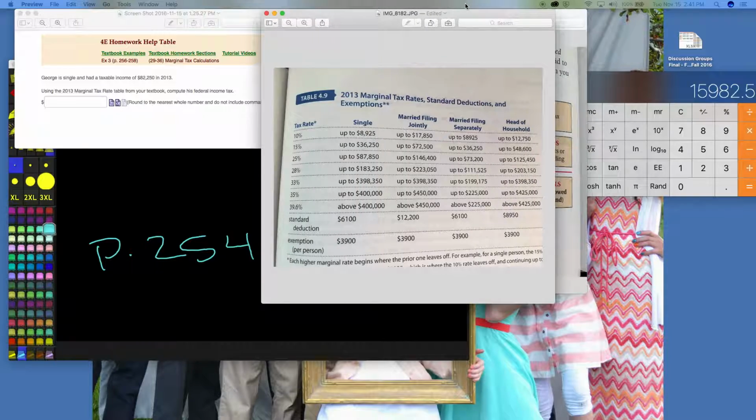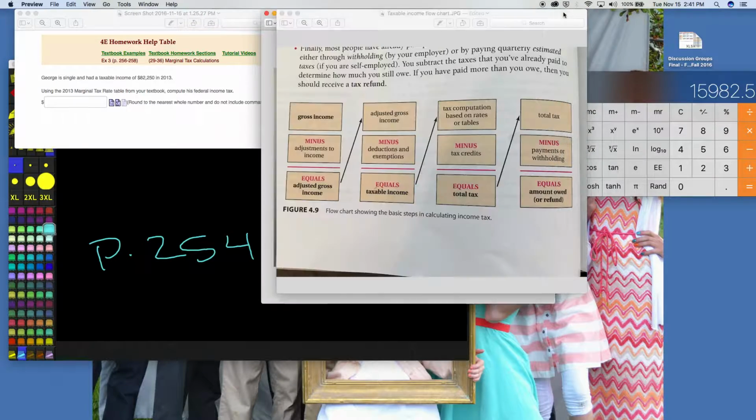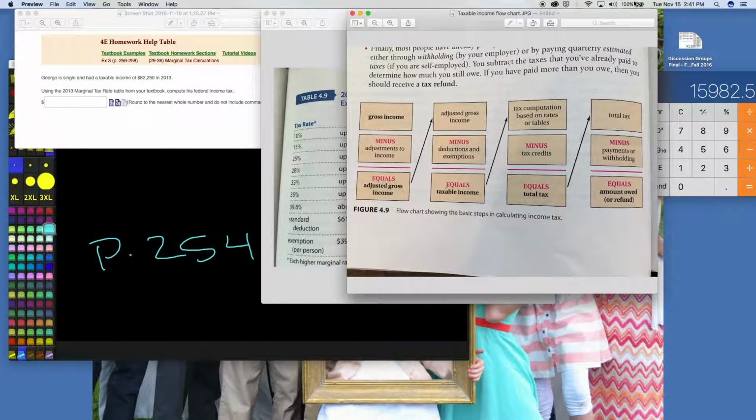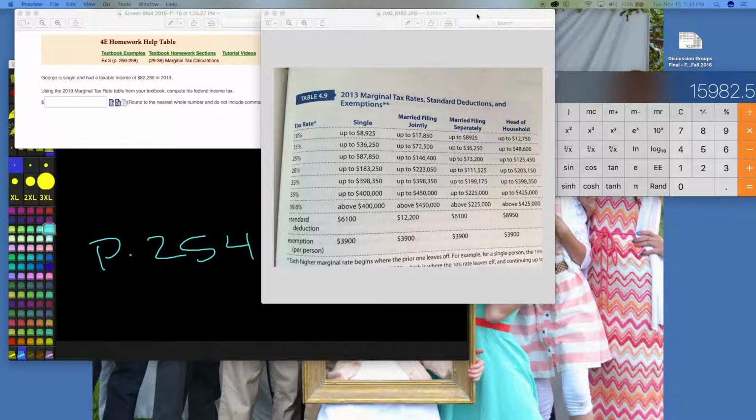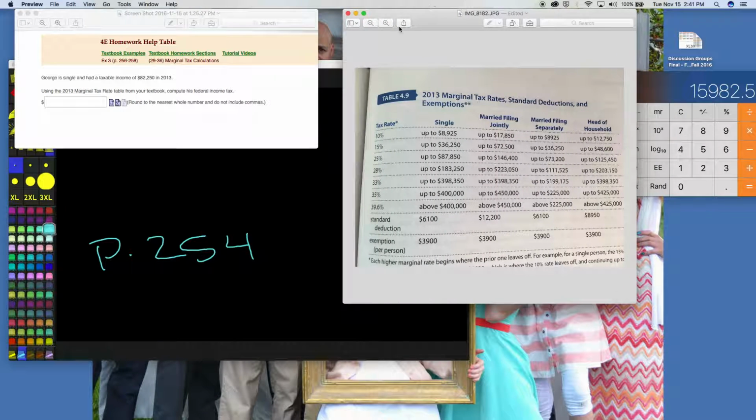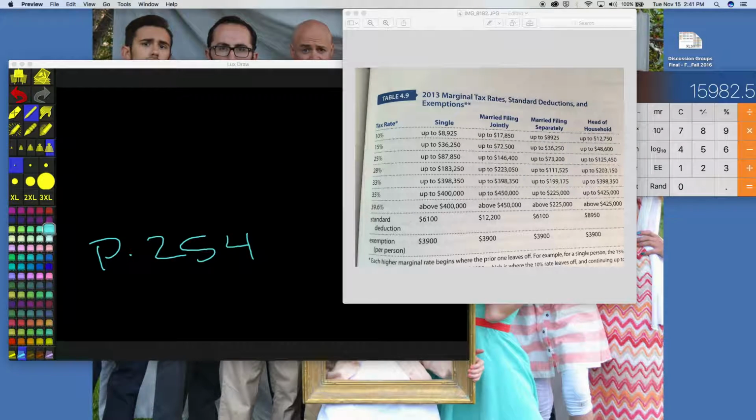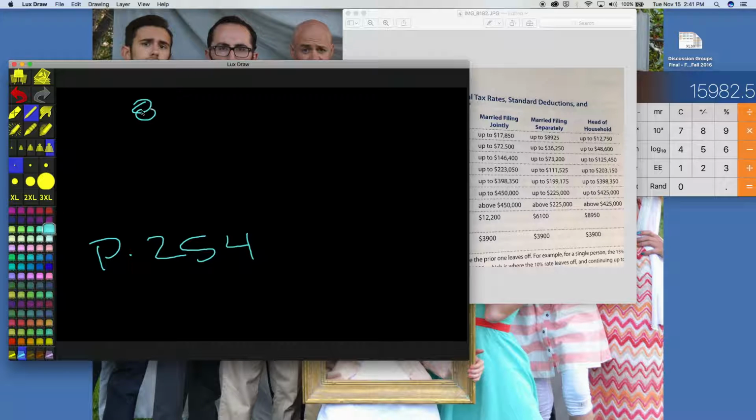Here's the table. I'm not going to work out all the things on this, but let's just look briefly at how to do these. Basically you're going to take his income, which was $82,250.